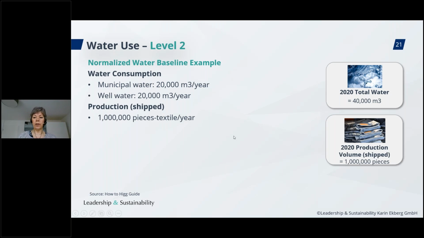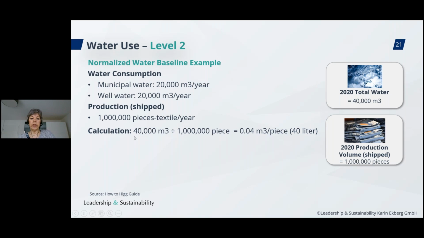And now our production, so our shipped volume. Remember, in the facility info section, you should include your volumes, but your shipped or sold volumes. And here we have a case where we have shipped 1 million pieces in this year.